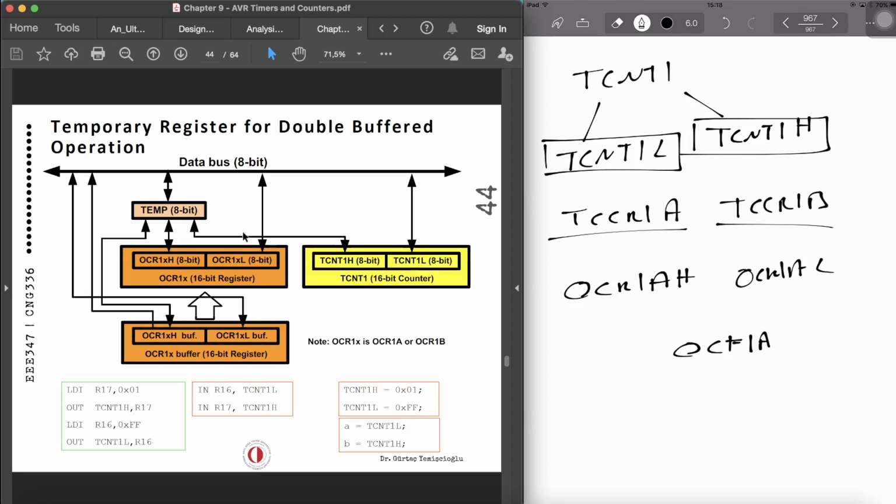So we just need to be careful when we are reading and writing, and each of the registers is accessed individually. In 16-bit timers, we should read or write the entire content of the register at once. This is important, okay? We have to do that at once.